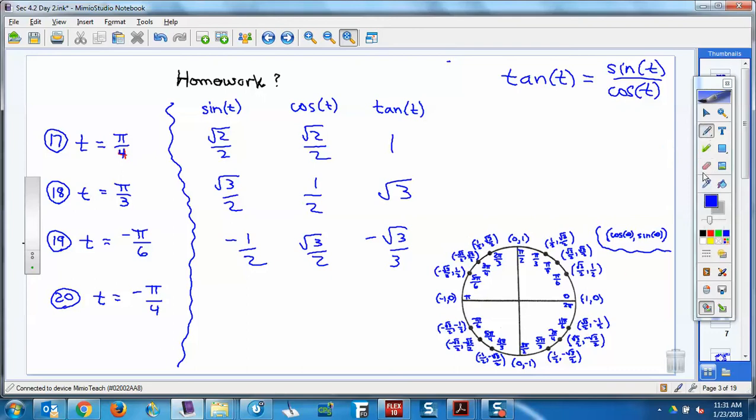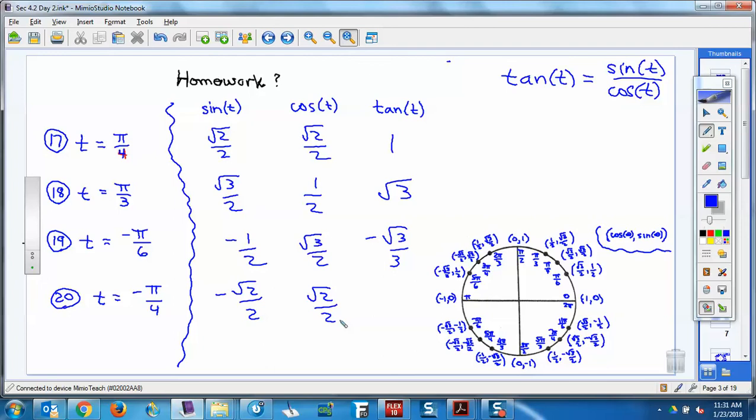Okay, negative pi fourths would be down here, right? So the sign would be negative root 2 over 2, because the y is negative down here in quadrant 4. The x is positive, so that'd be root 2 over 2. So hopefully, we're going to have something here in a few days called a reference angle, okay?